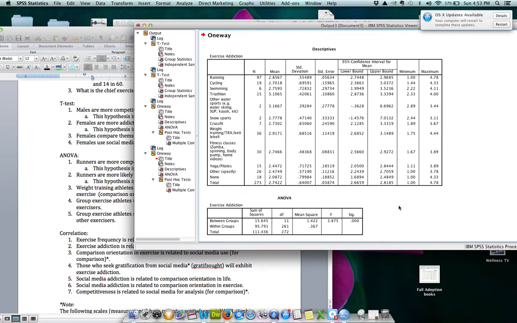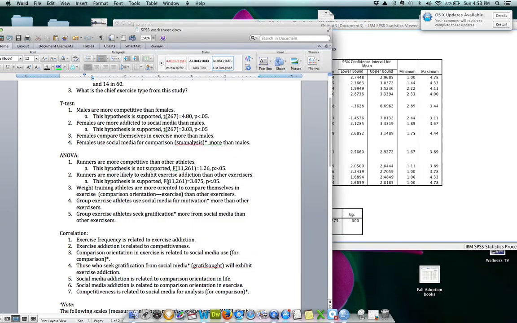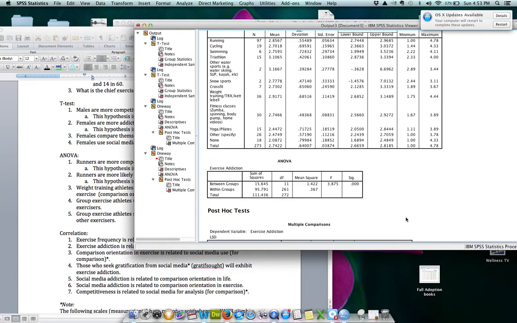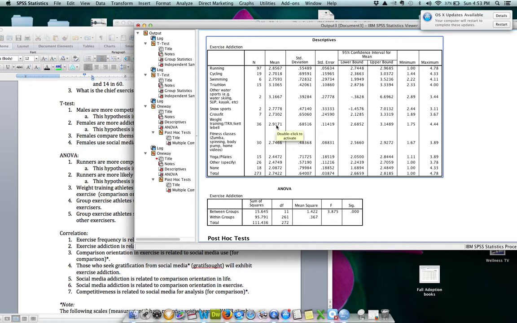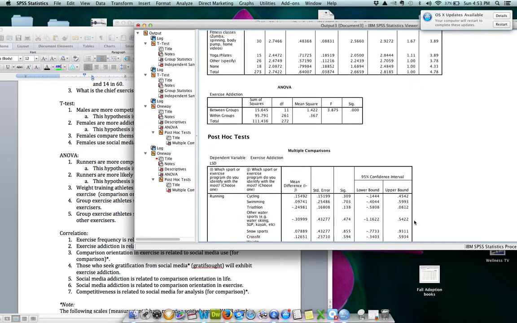Now, of course, right now this is telling me that there are differences in exercise addiction. There are differences, but it doesn't let me know that runners are the highest. Right now, it looks like this is actually the highest.